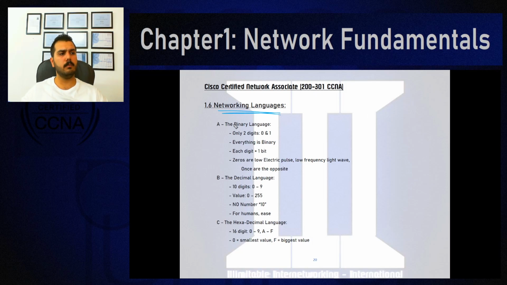The first type is the binary language we have talked about when we explained how cables send data or information. The binary language contains only 2 digits, zeros and ones. Everything is binary in here. Each digit sent has the size of 1 bit.